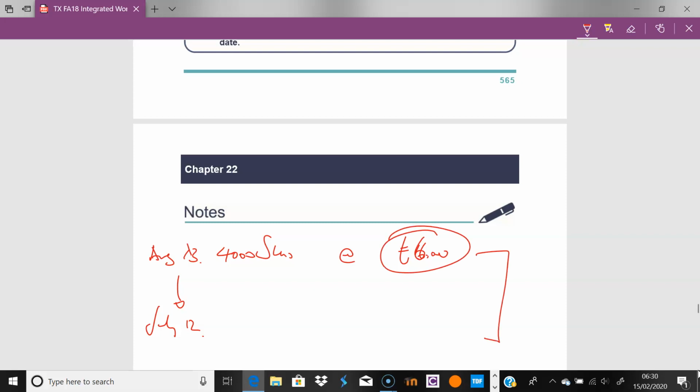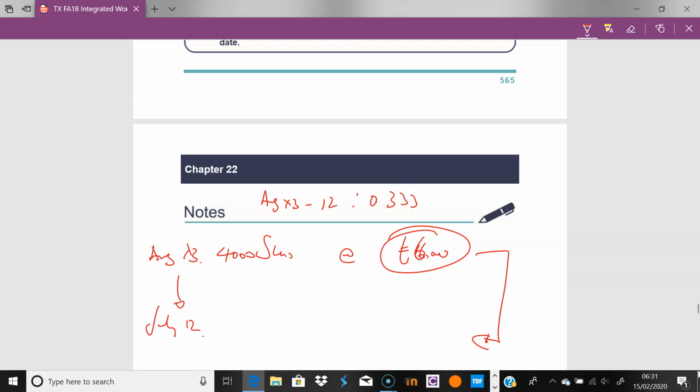I get the real value, so include inflation, and it tells me that the inflation from August 2003 to July 2012 is 0.333.